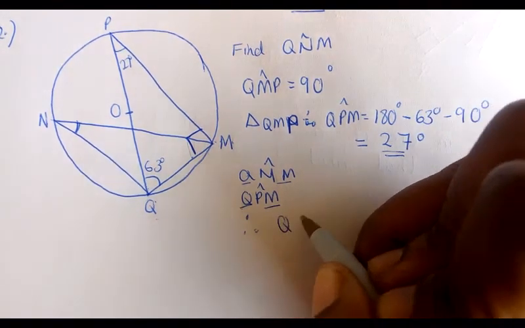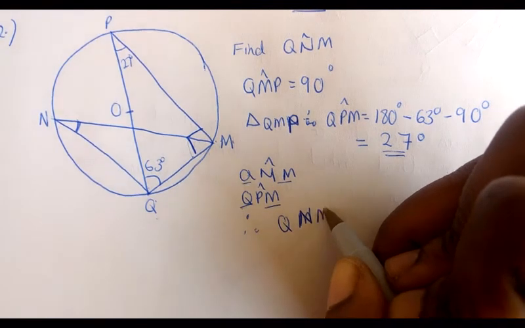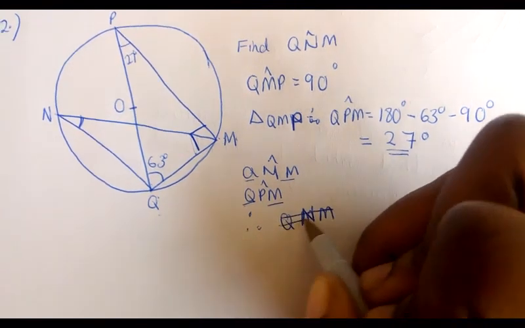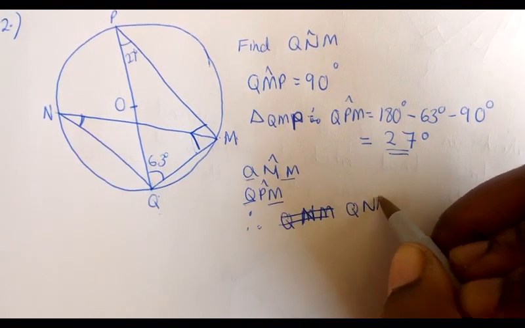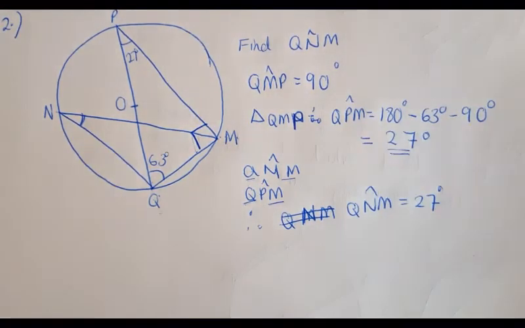Therefore, angle QNM is equal to 27 degrees based on our theorem number 1.